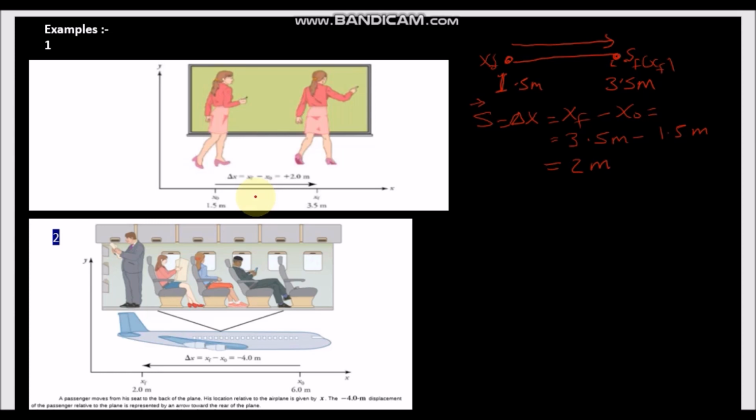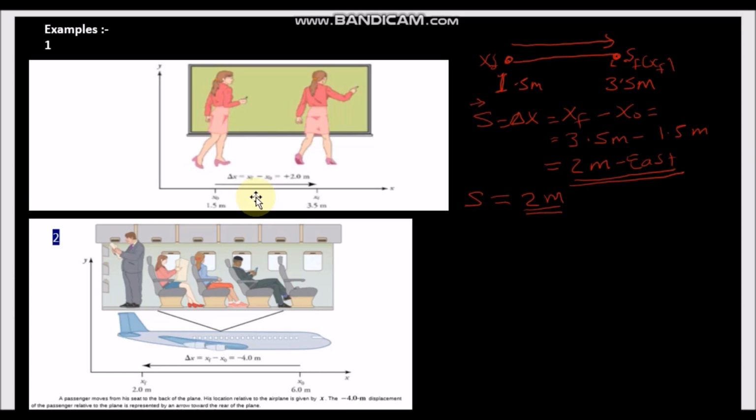Towards the east. We can say towards the east, or towards the right. But the distance s, without arrow because of its scalar quantity, the distance the woman traveled is only 2 meters without direction.